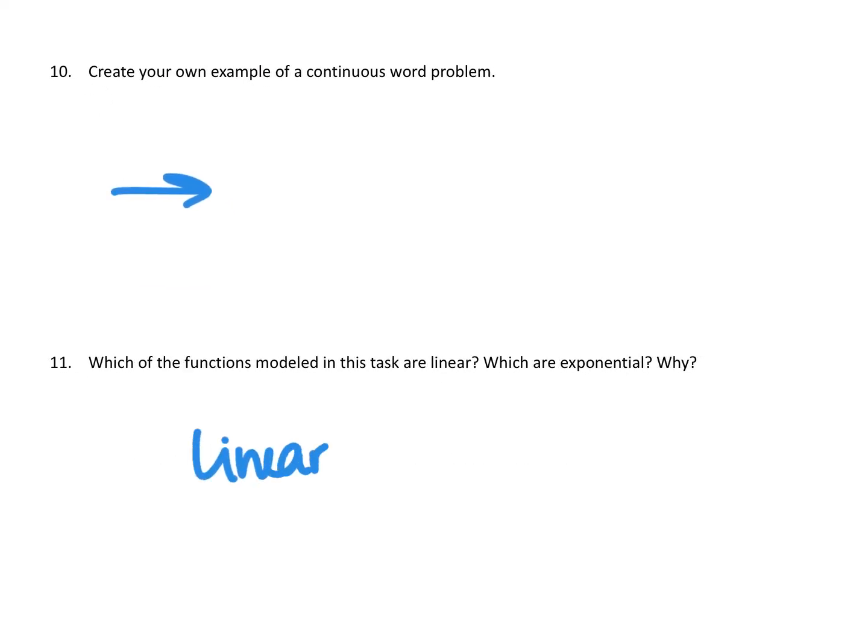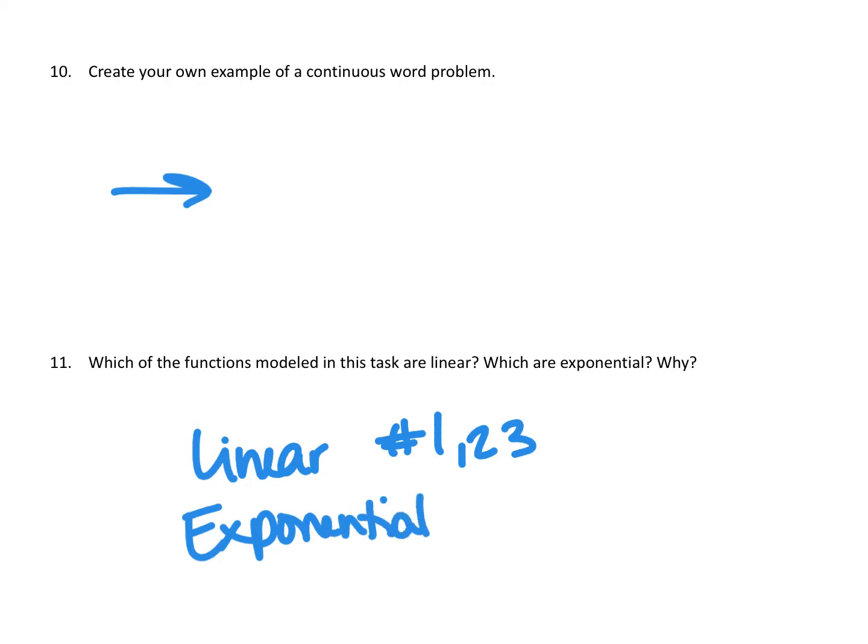Linear are numbers 1, 2, and 3, and exponential were numbers 6 and 7. The biggest reason is, regardless of whether it was dots or connected with a line, linear is a straight line, whereas exponential is a curve. Okay, let's move on to our takeaways.